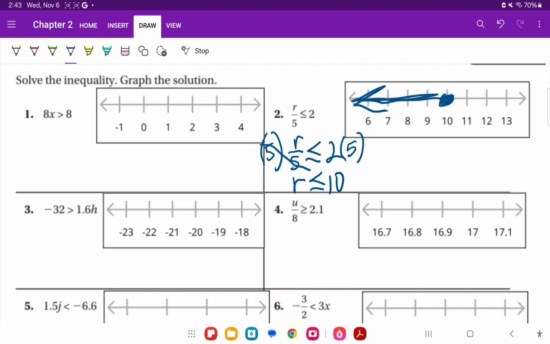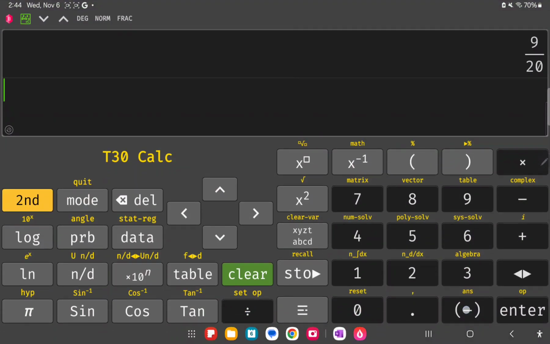All right, and then number 3, we want to get the h all by itself. So we are going to divide by 1.6. I need to use my calculator. So I'm going to do negative 32 divided by 1.6, and that's going to give me negative 20.